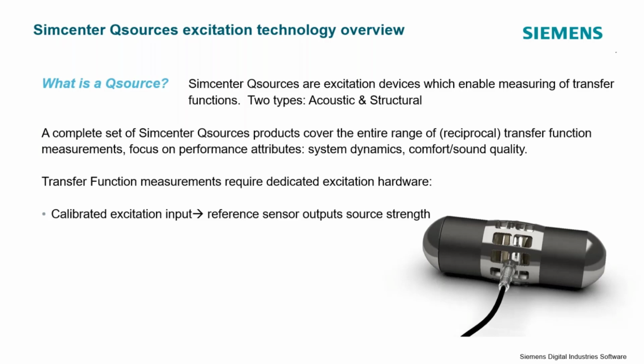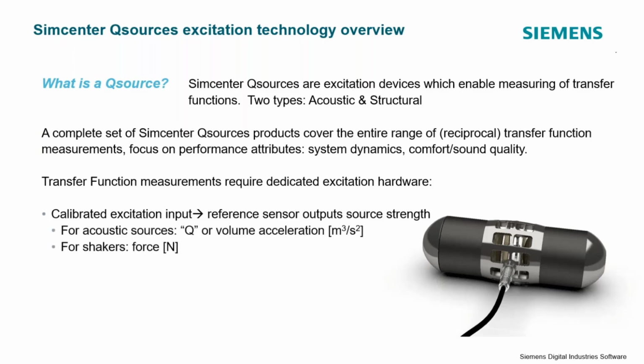Same thing applies with Q sources. For the structural shakers, we're measuring newtons, just like with an impact hammer. And for acoustic sources, we're measuring this quantity called Q. This is also known as volume acceleration. So when we talk about Q, it's really an acoustic force. And when we're talking about shakers, we're talking about a direct force in newtons.